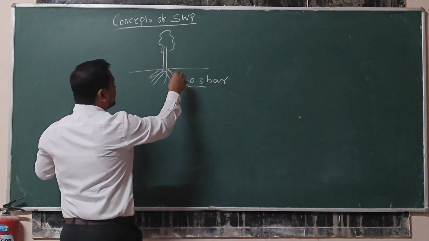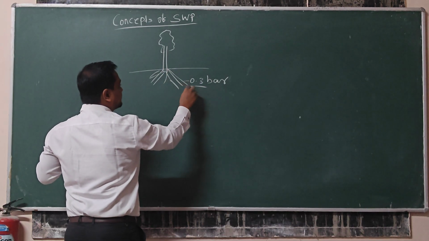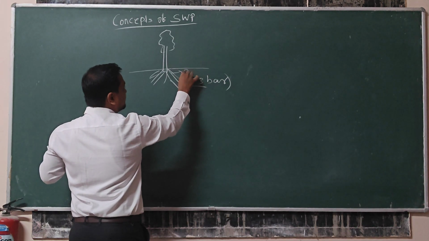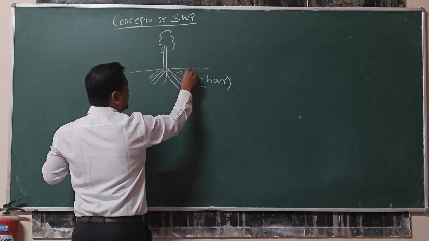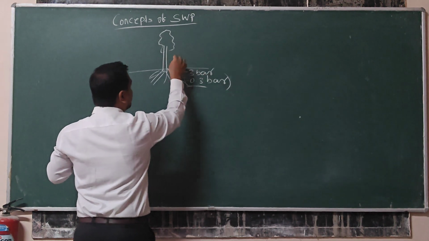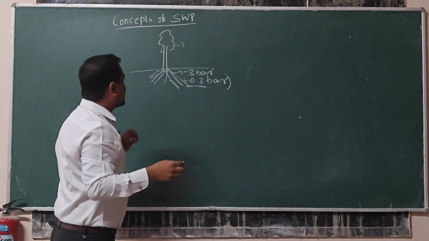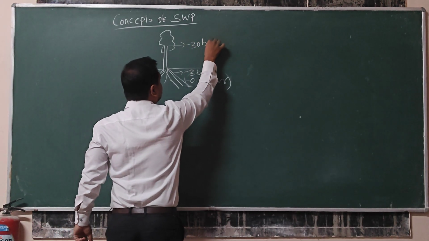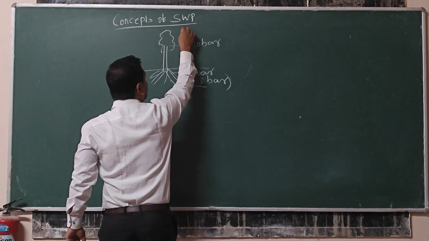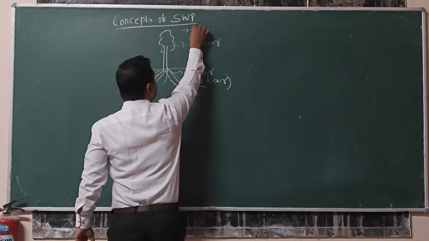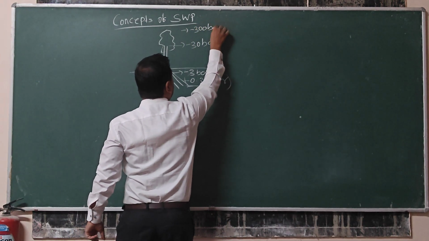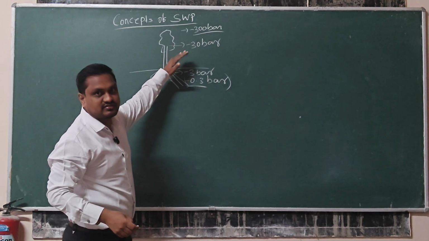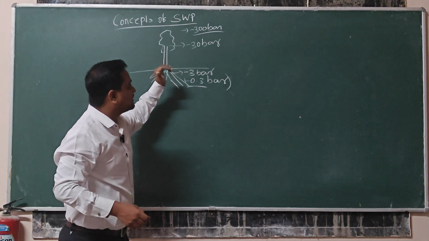In the soil and in the root it is almost -3 bar, and at the stomata, or the leaf structure, the potential becomes -30 bar. In the atmosphere the energy status, or potential, of water reaches -300 bar. Now you can see there is a gradual decrease of water potential, or energy status.